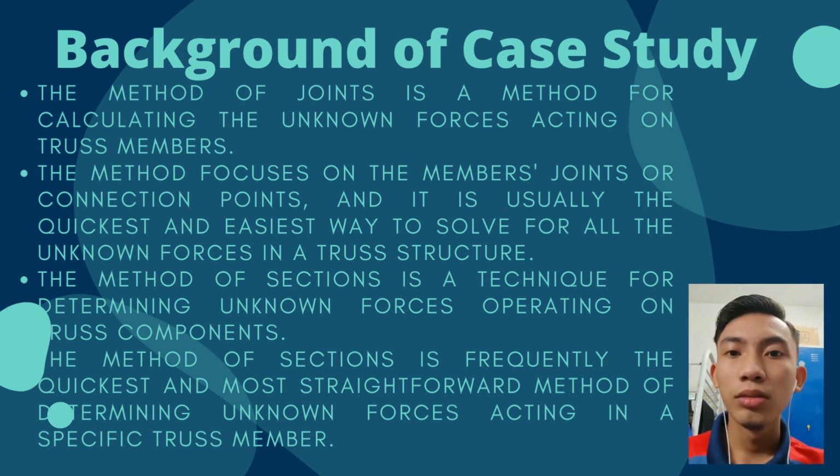Labeling the members and joints in your truss is usually helpful at first. This will assist you in keeping everything organized and consistent in subsequent analysis. Then draw a free body diagram of the entire truss structure, write out the equilibrium equations, and solve for the external reaction forces acting on the truss structure.